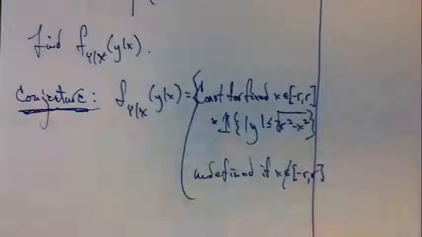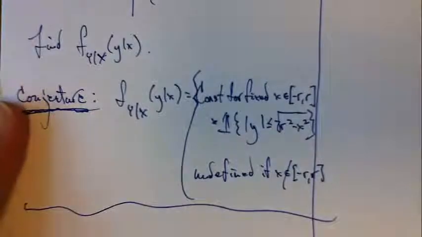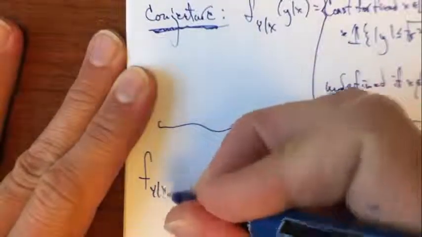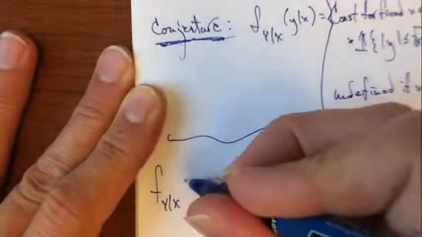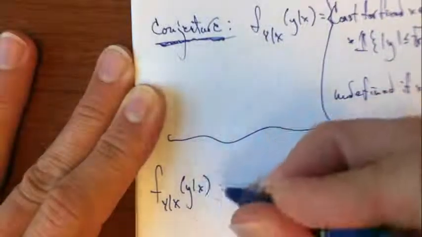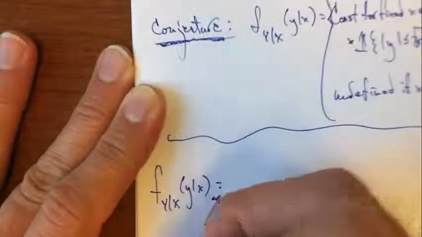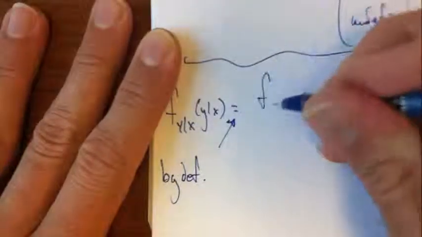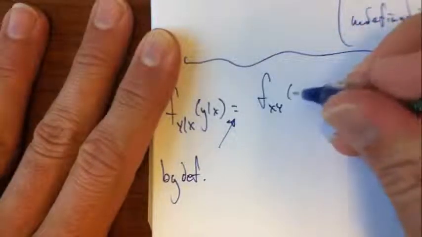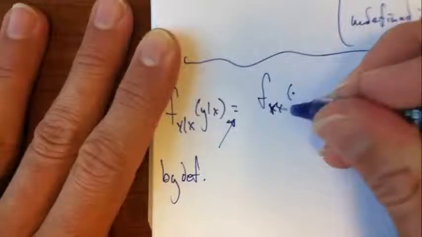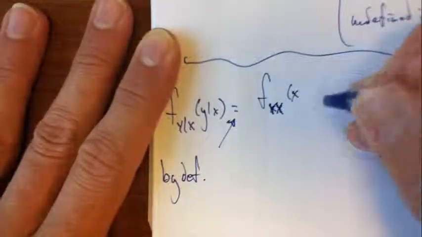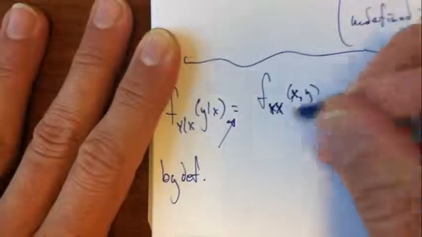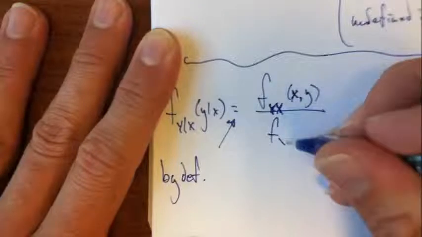All right, so let's hammer this out. Conditional density function for y given x, by definition, is the joint density function of x and y over the marginal of x.